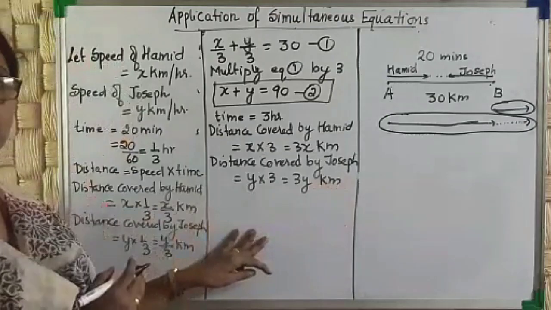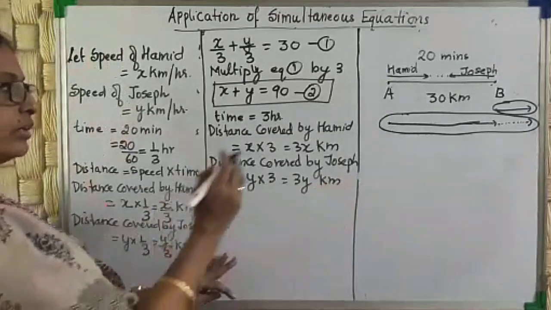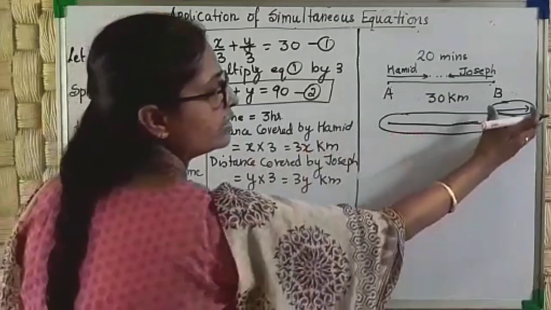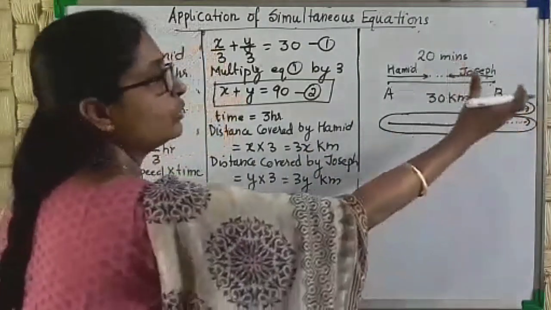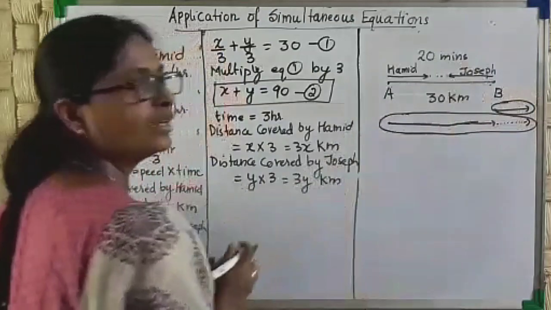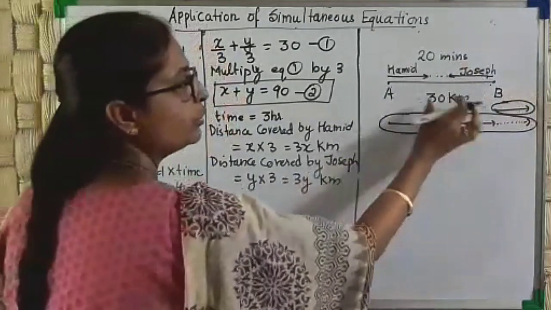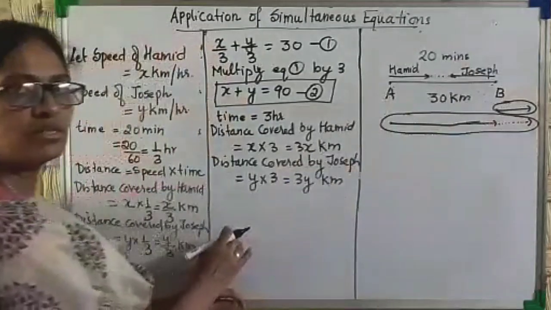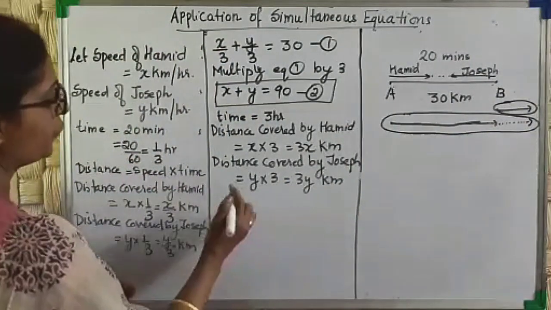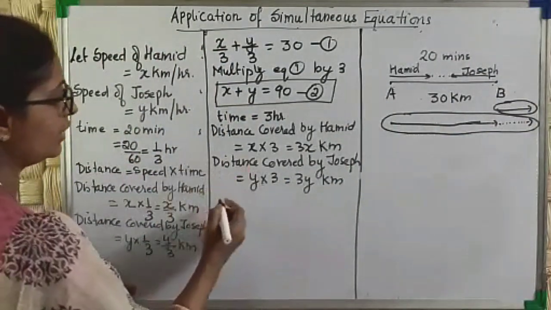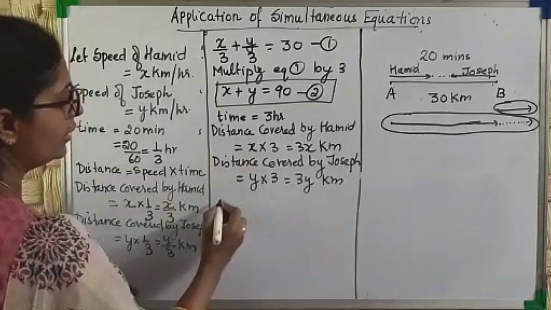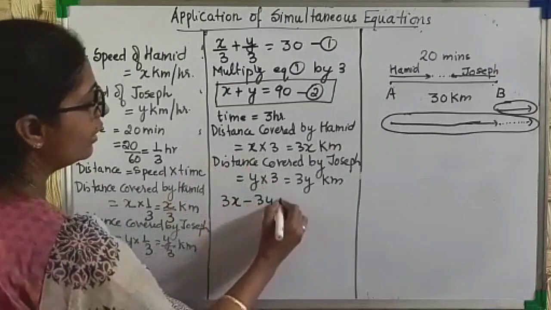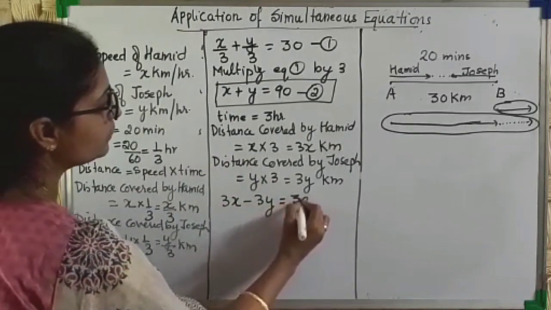Now we can frame the second equation. Whatever is the distance covered by Hamid, from that we have to subtract the distance covered by Joseph, which will give you 30 kilometers, that is the distance between place A and B. So let's frame the next equation, that is 3x minus 3y will be equal to 30.